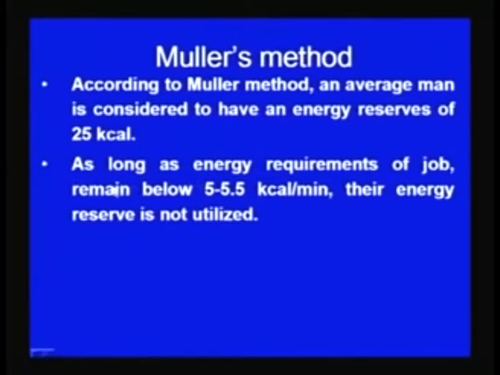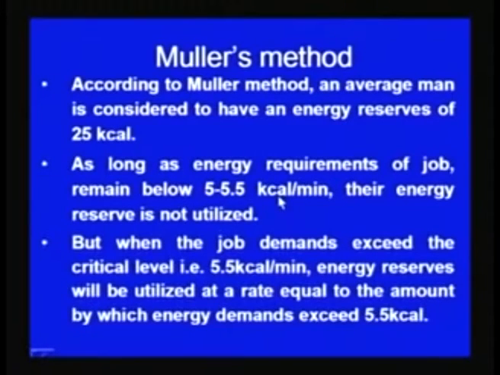According to this, as long as the energy requirement of the job is below 5 to 5.5 kilocalorie per minute, these energy reserves are not used. They are used only when the energy cost of the work to be done by the worker goes above 5 to 5.5 kilocalorie per minute.